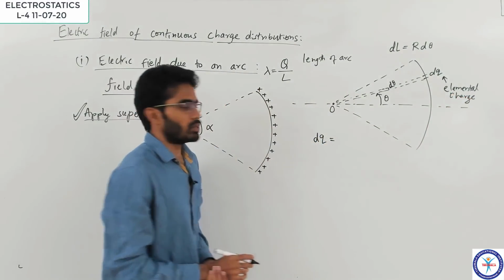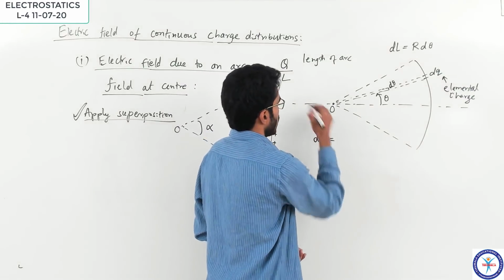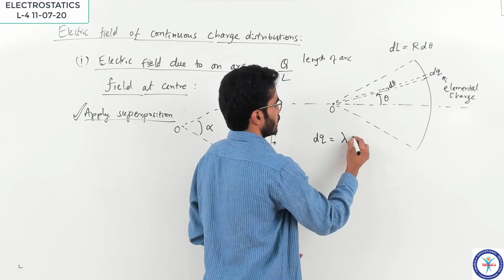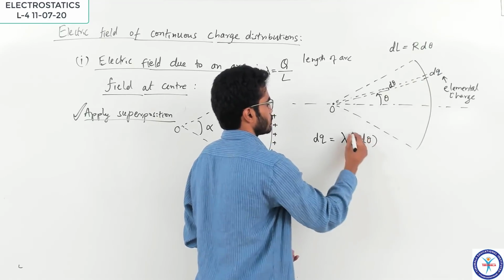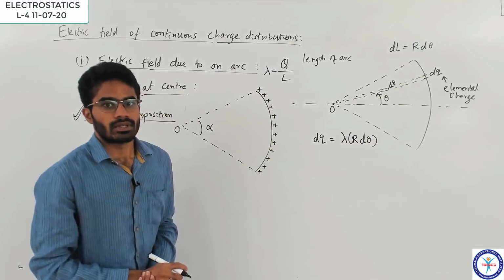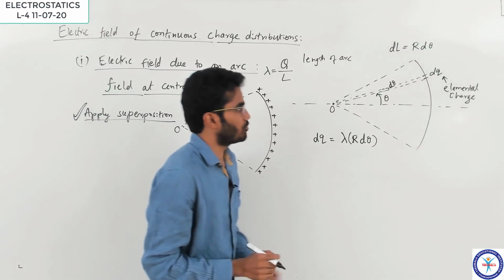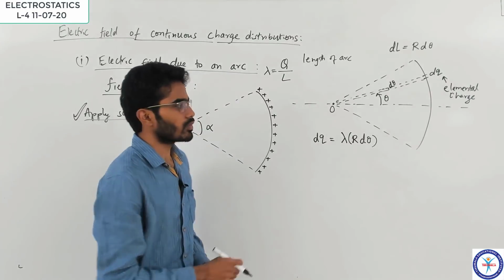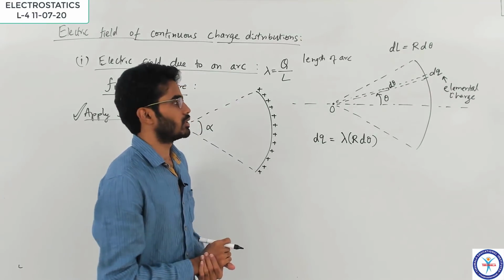So its value will be charge per unit length lambda into the length itself, which is dl, that is r d theta. So now we'll calculate the field due to this elemental charge at O, and we'll try to integrate it.